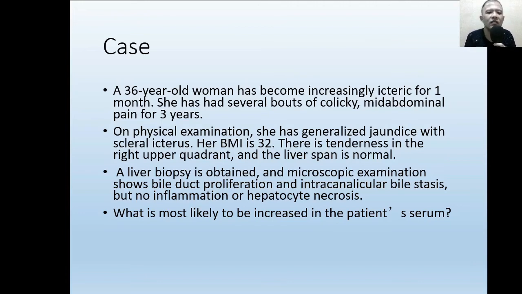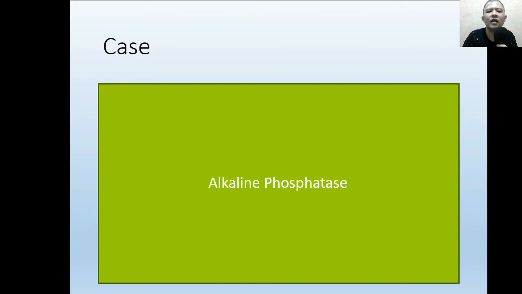Since there is a finding of biliary proliferation, then the cholelithiasis is causing cholecystitis, causing what? Biliary proliferation is secondary biliary cirrhosis. The question is, what is the most likely increased enzyme in the patient's serum? Since we're talking about the gallbladder, it's alkaline phosphatase.